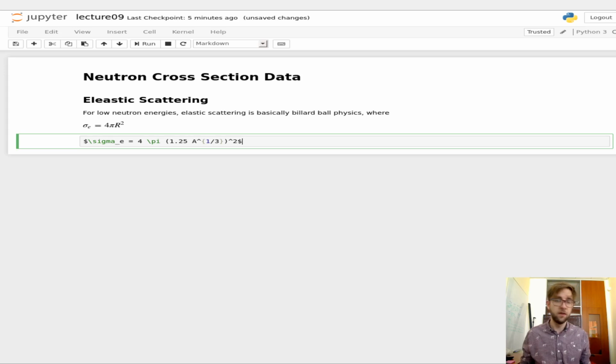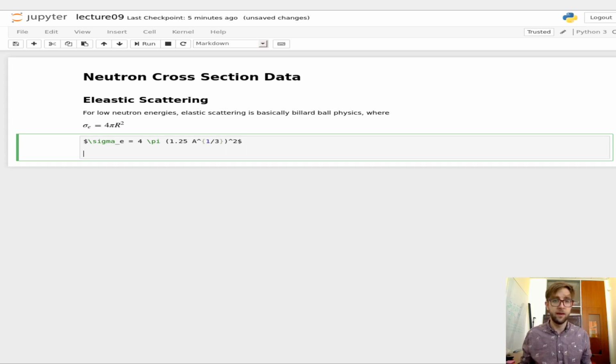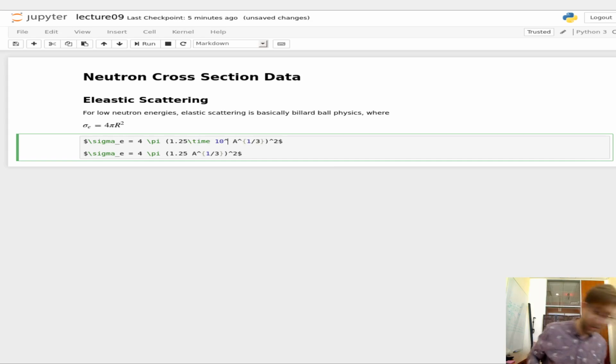If we go ahead and resolve that out, this is 1.25 times 10 to the negative 13 if we were doing this in centimeters.